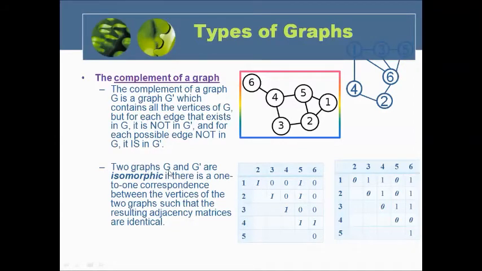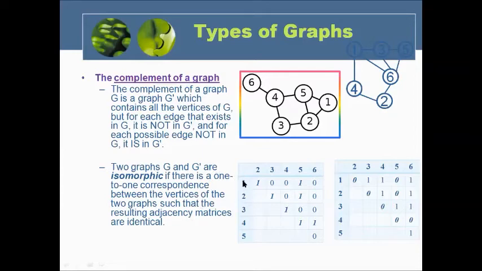Two graphs, G and G apostrophe, are isomorphic if there is a one-to-one correspondence between vertices of the two graphs such that the resulting adjacency matrices are identical. So if you will see, 1 is to 2, we have 1.